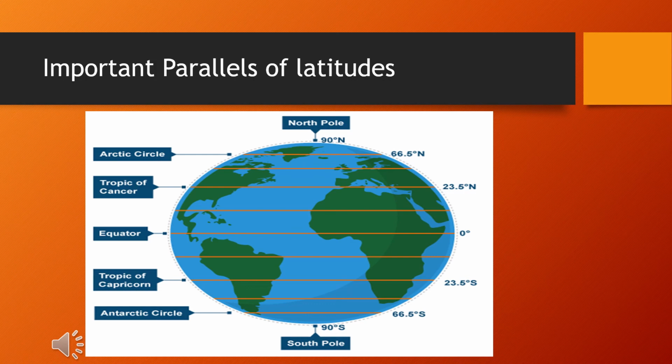As you have noticed, the degrees are mentioned with the letters N and S, which denote that they are from the Northern Hemisphere and the others are from the Southern Hemisphere. This is one of the most important diagrams of this chapter.